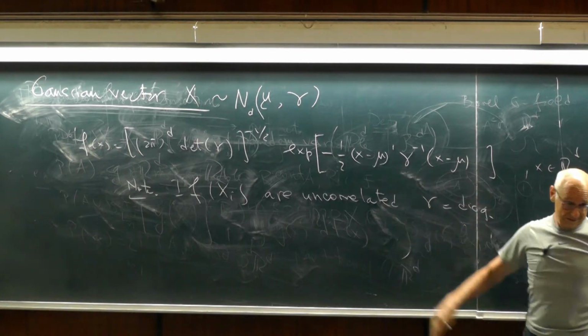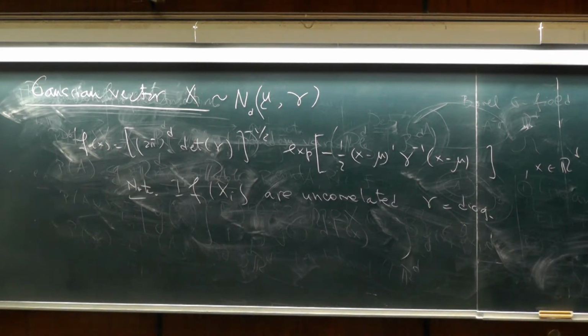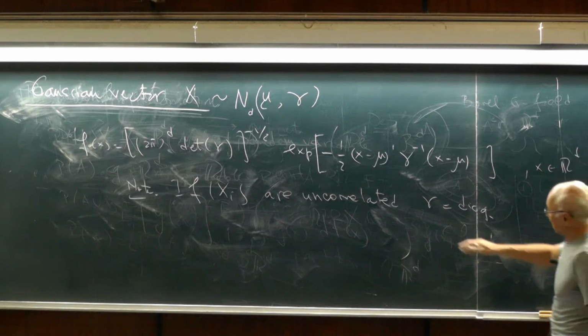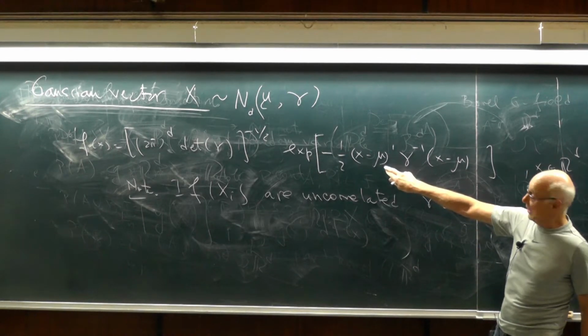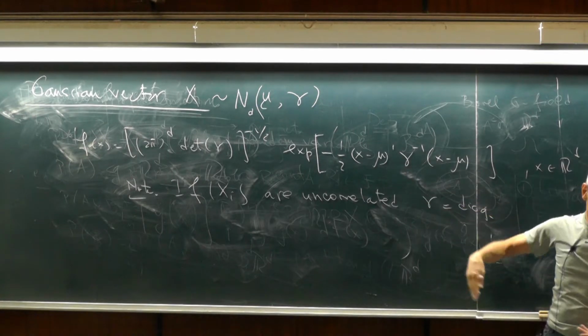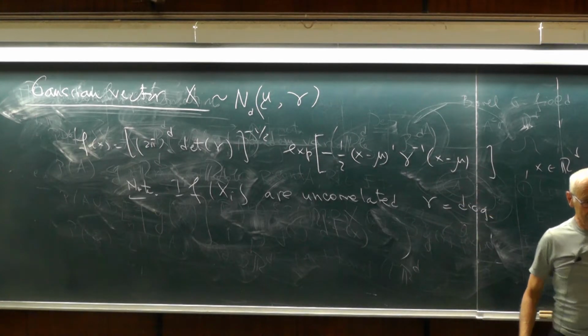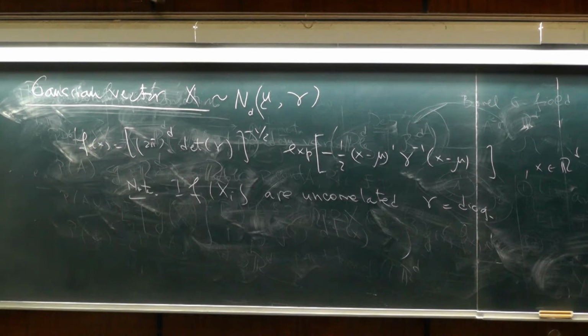So what does it mean? This product here is going to become a sum of (xi minus mu i) squared divided by sigma i square. So the exponential will become the exponential of a sum, which is a product of exponentials. Therefore, it becomes independent.